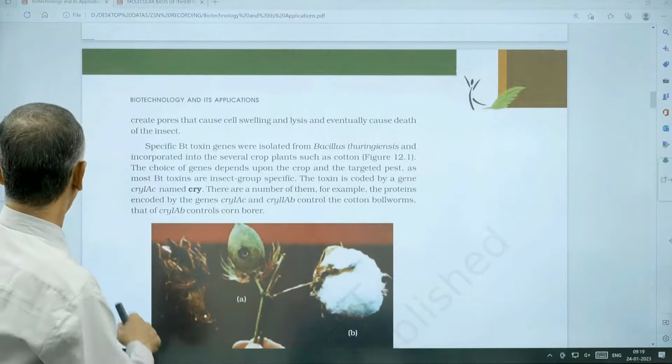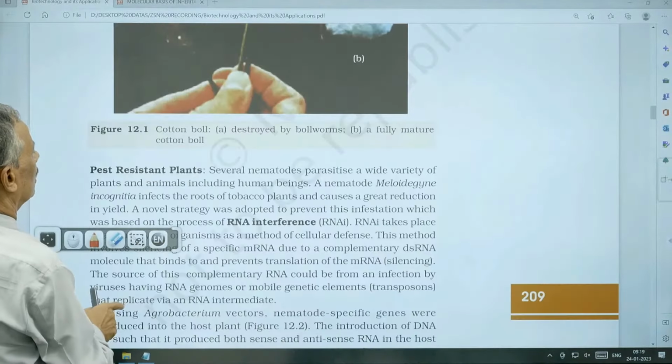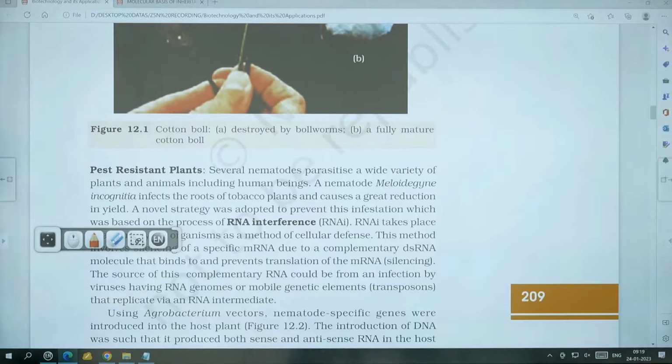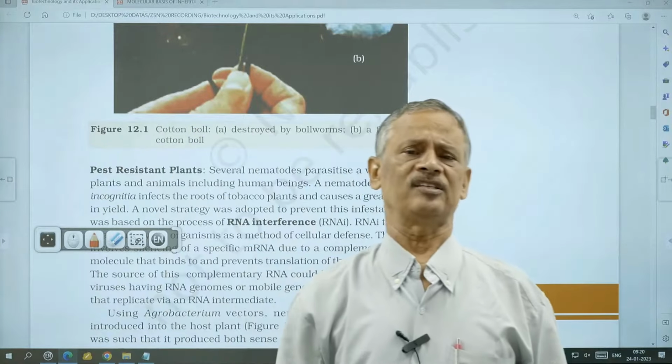Now, we have also used biotechnology for making plants resistant against the attack of parasites.